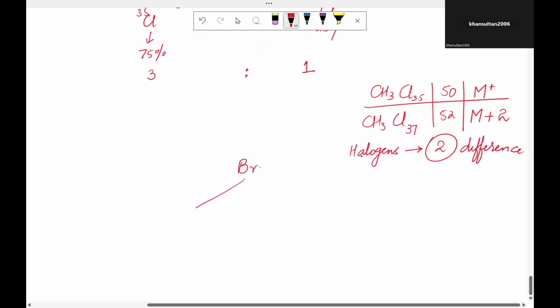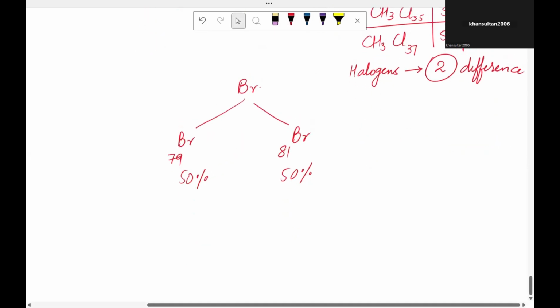Like you can see bromine, one isotope has a mass of 79, the other isotope has a mass of 81. Both of them are present in 50%, 50% like this. So they differ in molecular mass by 2 only.